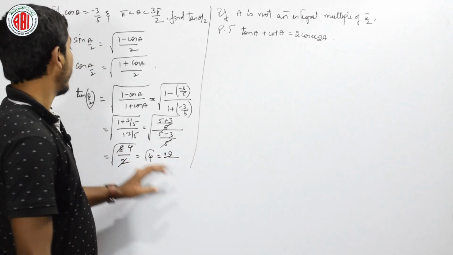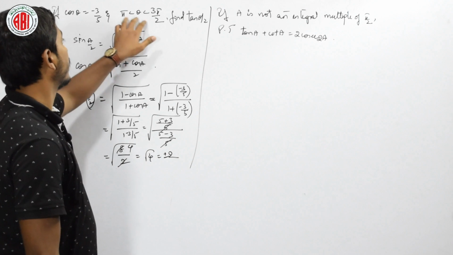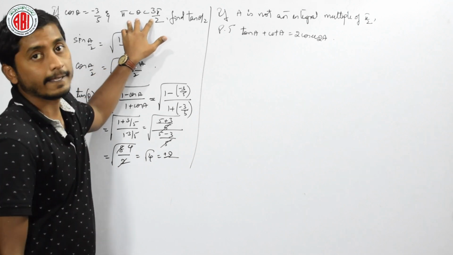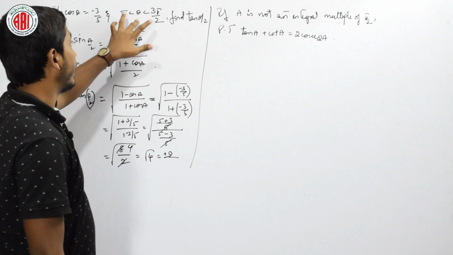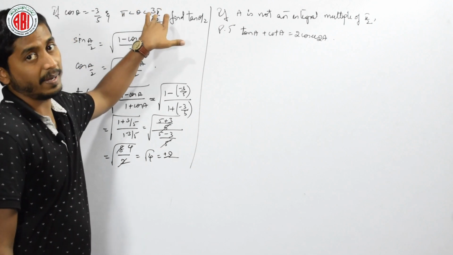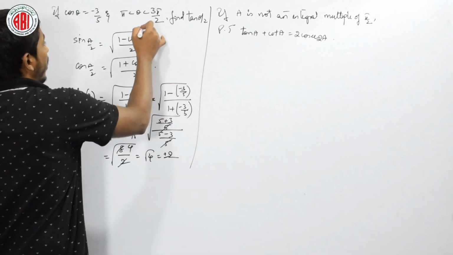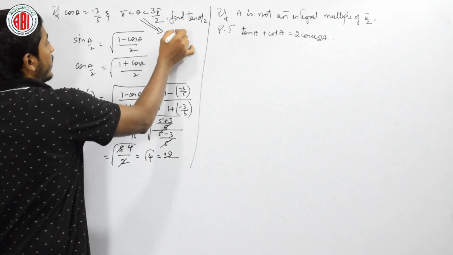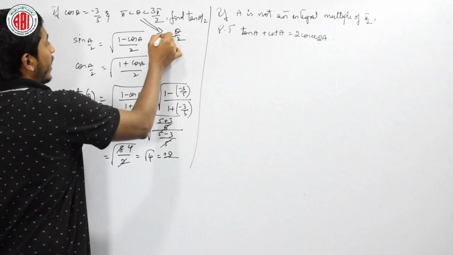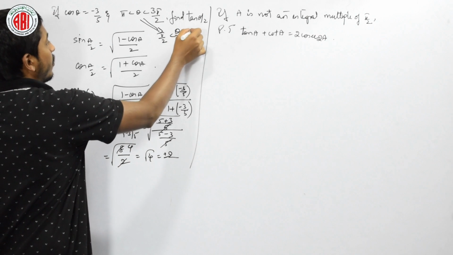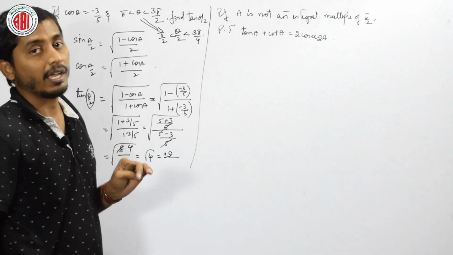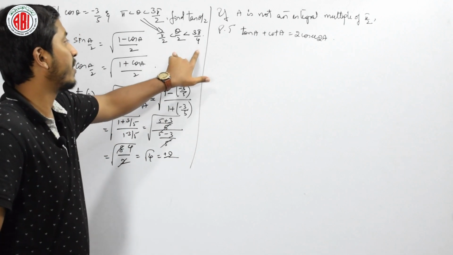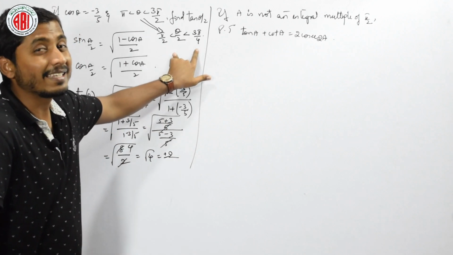Then what is the value of tan theta by 2 in this third quadrant? Tell me. See here, you can observe theta lies between pi and 3 pi by 2. Then what about theta by 2? Theta by 2 lies between pi by 2 and 3 pi by 4. What is 3 pi by 4 actually?